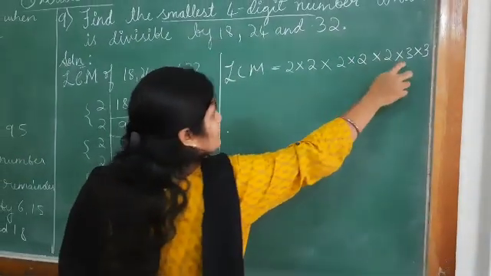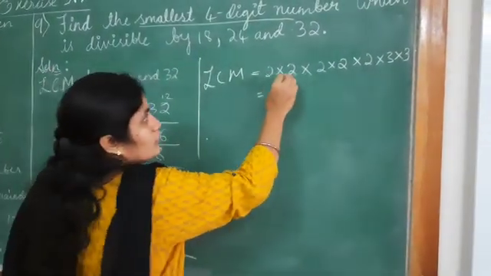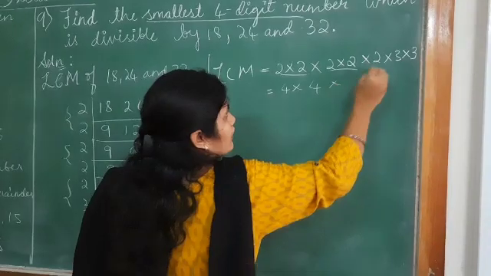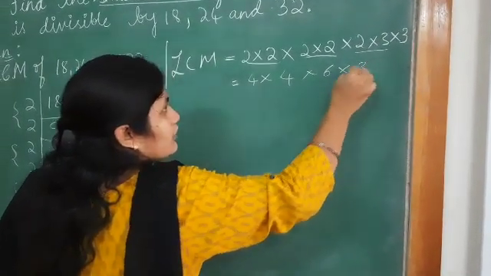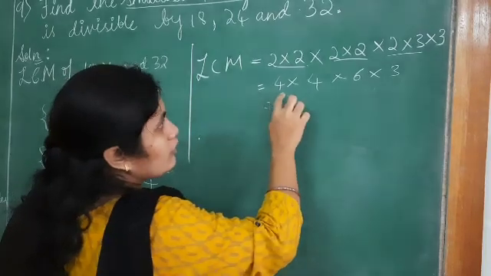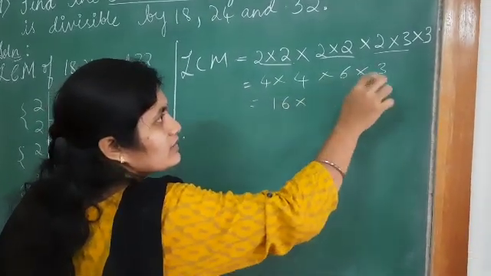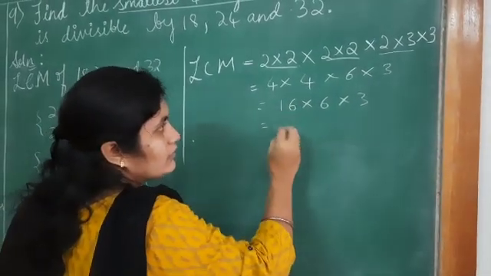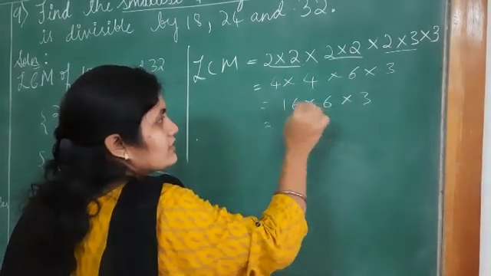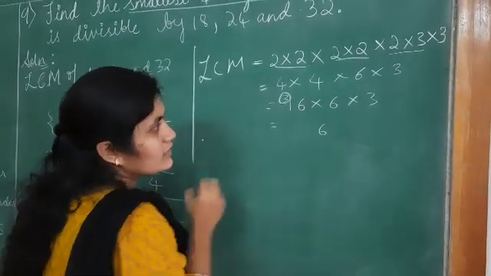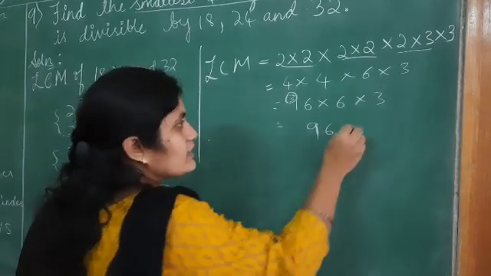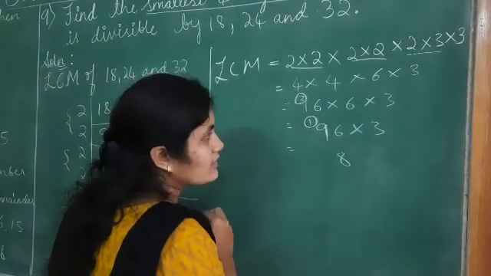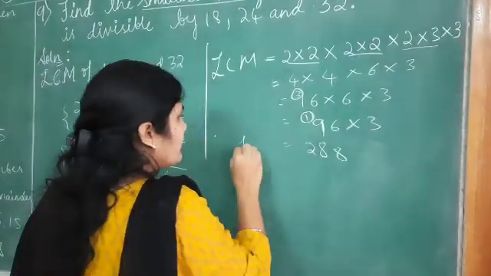So now let me write 2 2s are 4 into 2 2s are 4 into 2 3s are 6 into 3. 4 4s are 16 into 6 3s are 18, or you can directly take 16 into 18. 6 6s are 36, carry 3. 6 1s are 6 plus 3, 9. 96 into 3. 6 3s are 18, carry 1. 9 3s are 27 plus 1, 28. So 288 is the LCM.